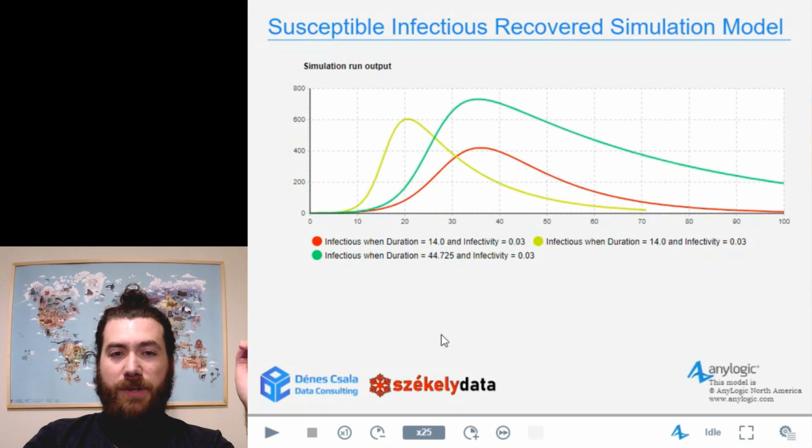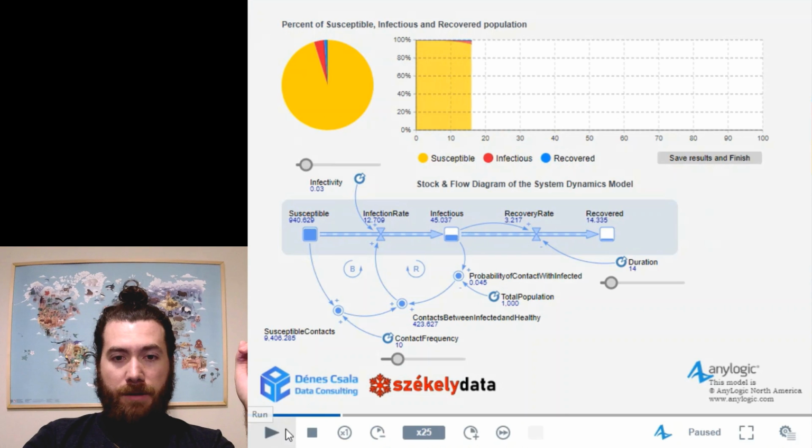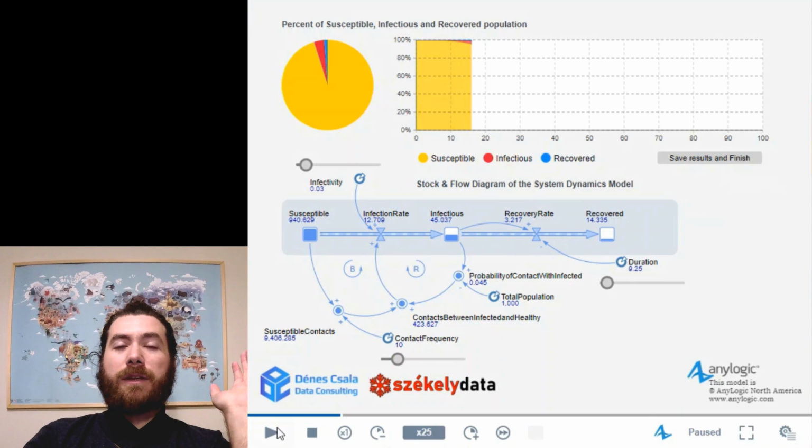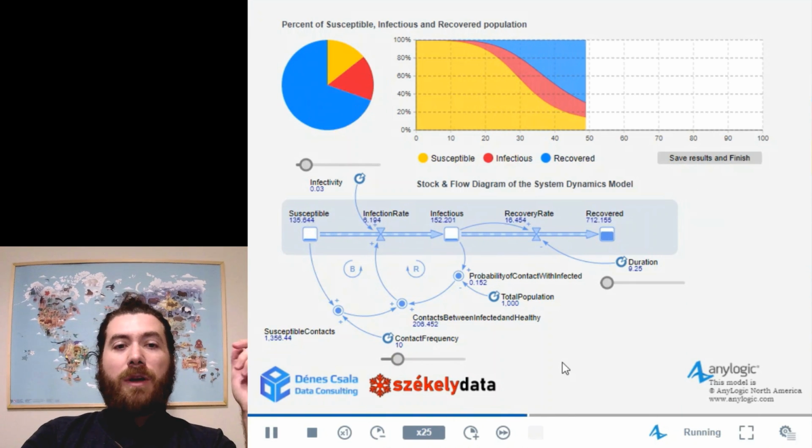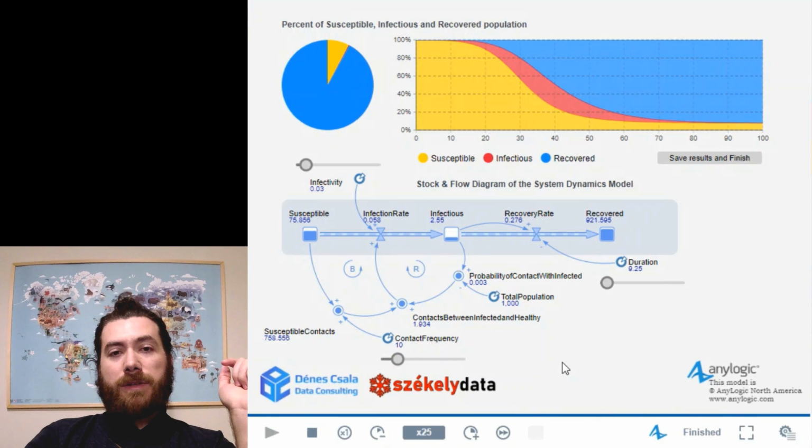So the total number of infectious, which is sort of like the maximum width of this curve, will actually be higher and they will start recovering slower. And then, of course, if my recovery duration is very short, what will happen is that people just almost instantly will recover before even the disease would have had the chance to catch a significant portion of the population.